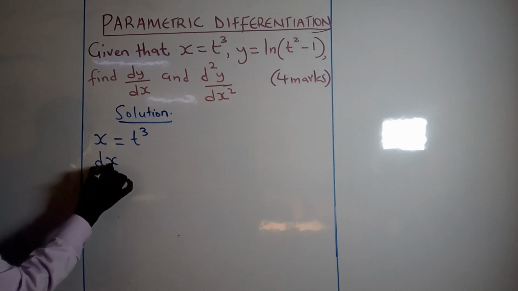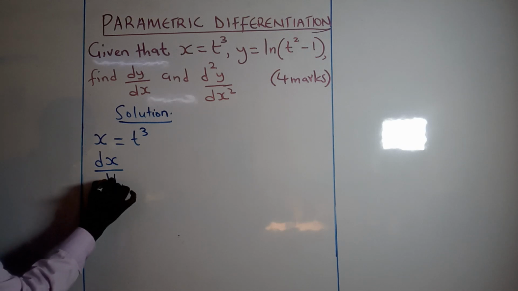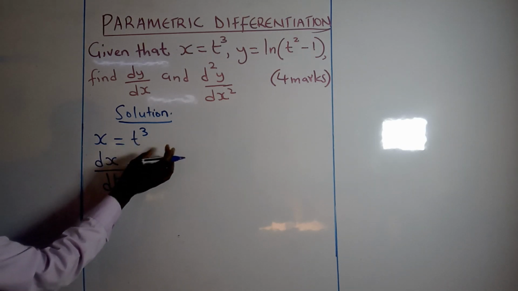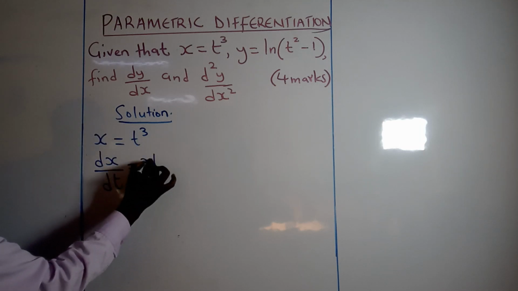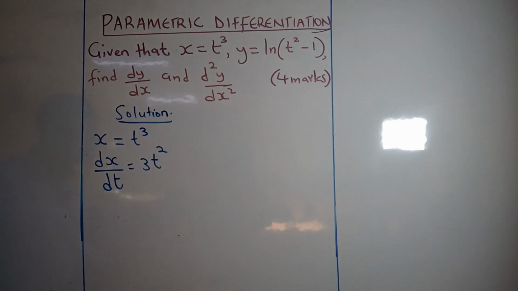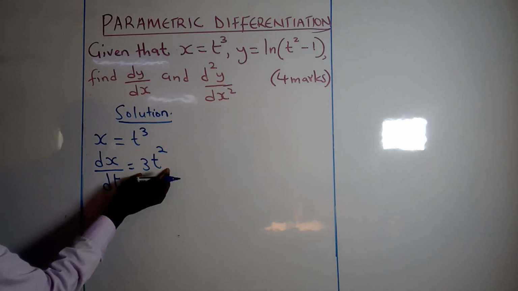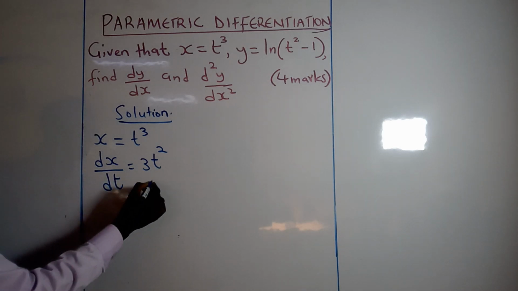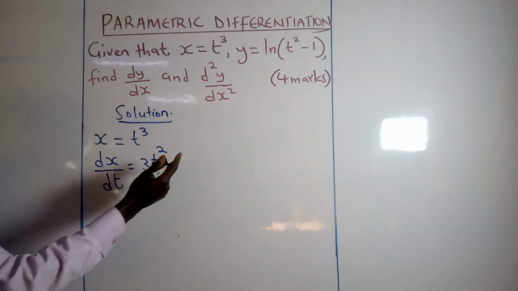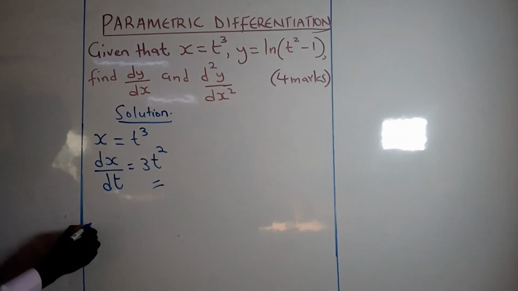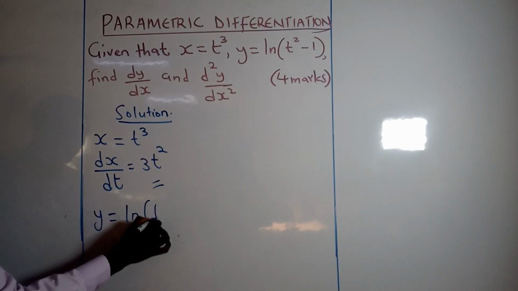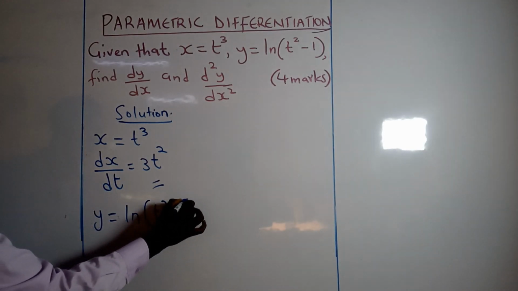So dx over dt is equal to, we differentiate it normally, and we are going to have 3t squared. Next, we take the second function, which is y is equal to the natural log of t squared minus 1.